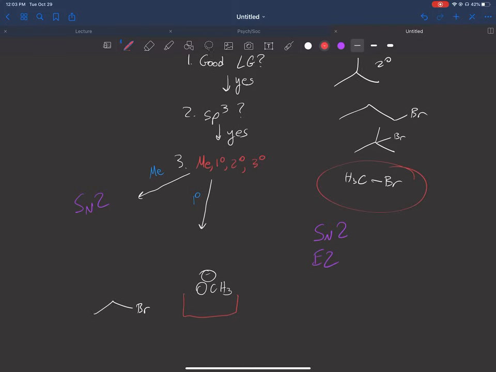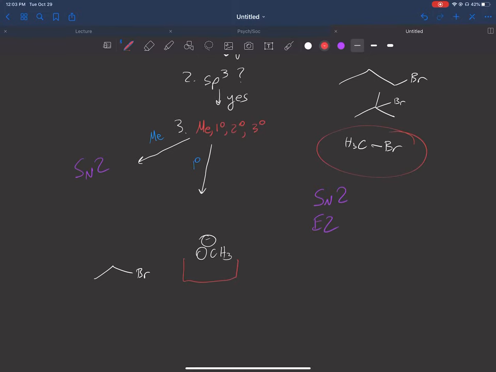So now, what the predominant factor is, and I haven't said this before, is going to be new. SN2 relies on a factor called steric hindrance, right? I told you that the nucleophile has to get in really close to our substrate.